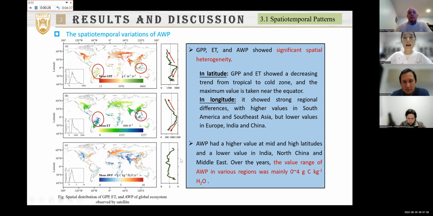AWP had a higher value at mid and high latitudes and a lower value in India, North China, and the Middle East. Over the years, the value range of AWP in various regions was mainly 0 to 4 gram carbon per kilogram water.